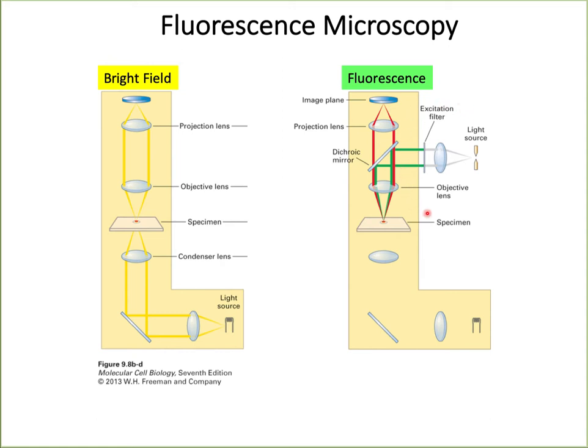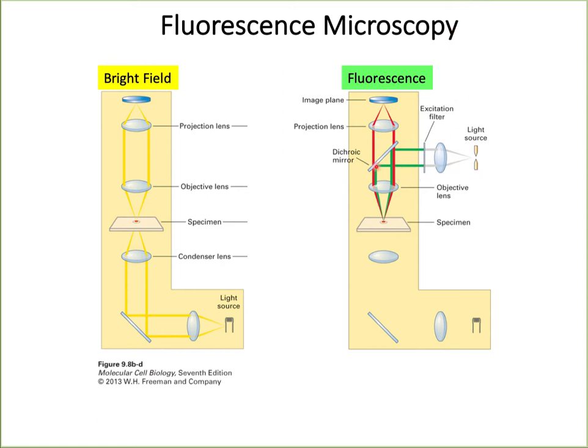So if you are using fluorescein, then the filter will only allow the wavelength of 492 nanometers to pass through. It is then reflected by some mirrors and focused on the specimen. The fluorescein in the specimen becomes excited and emits light at 525 nanometers, and this light gets passed through a dichroic mirror, which serves as a filter and only lets through light at 525 nanometers, and then passes through a projector lens to the detector, which is a computer screen or, in simple fluorescence microscopy, your eyepiece.